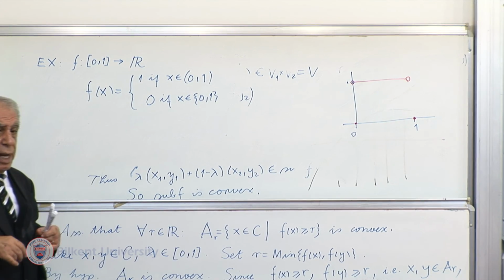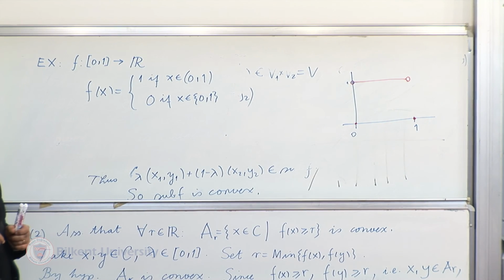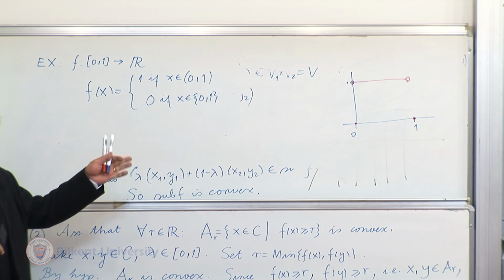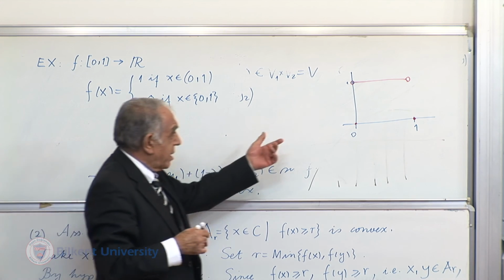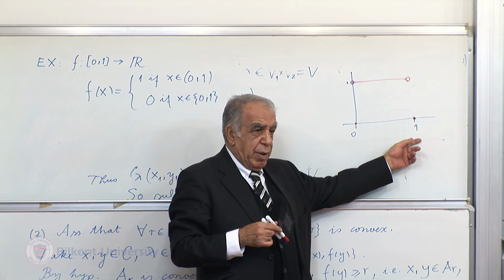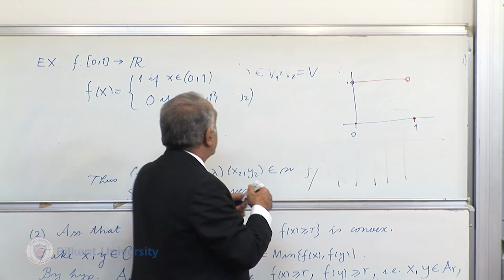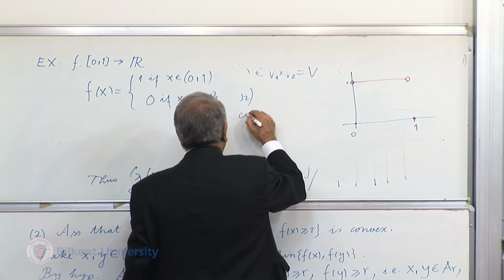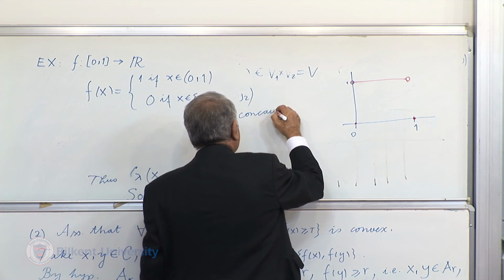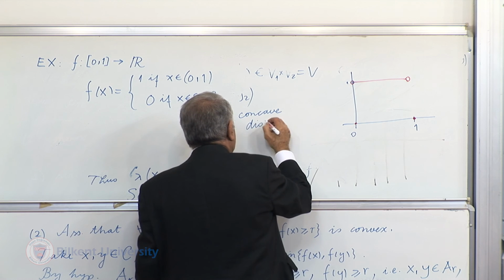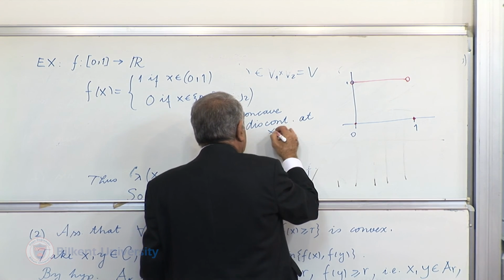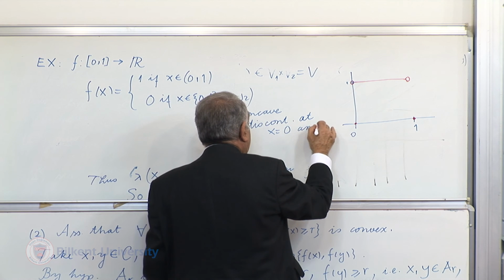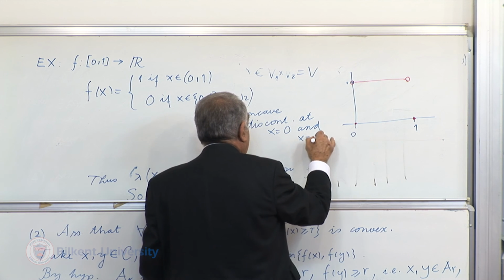Is this concave? Well, it's easily seen to be concave, but it's discontinuous at these points. So this is concave, discontinuous at x0 and at x1.